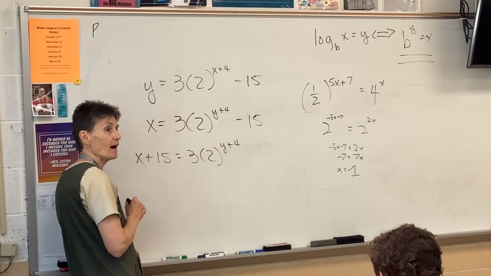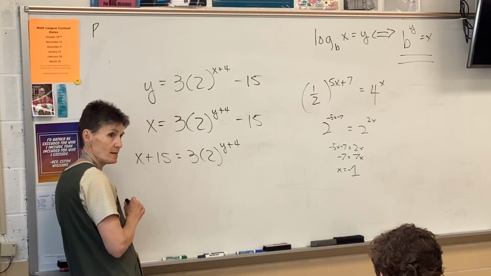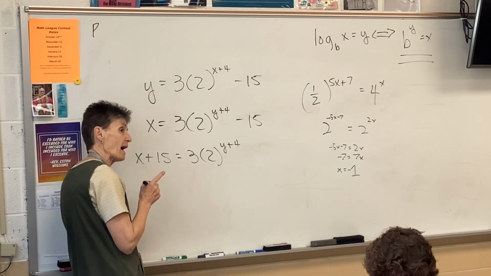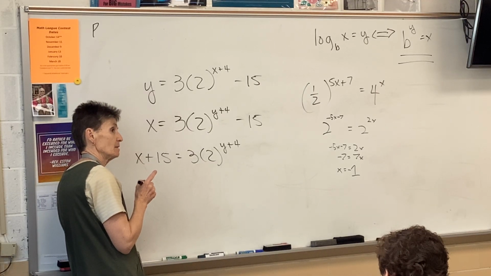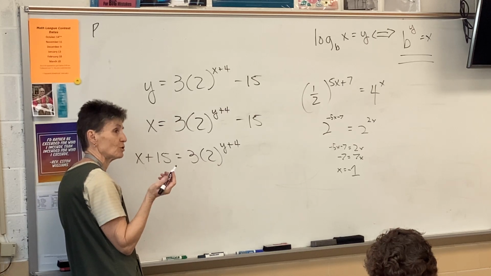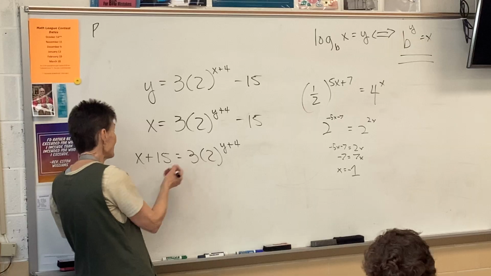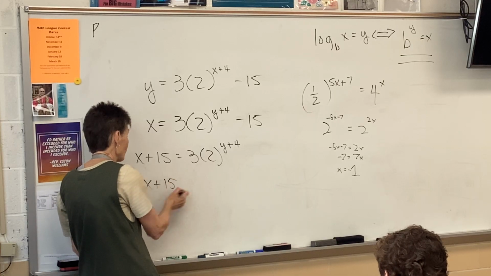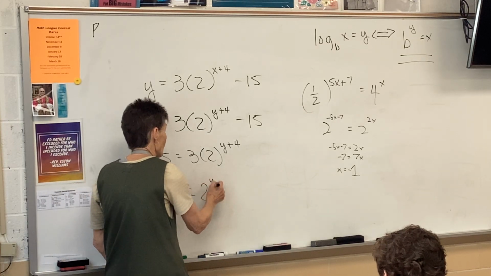And I'm going to divide by 3. Now, when you do that, I'm basically saying this because if you look at the answer key, I might have it written one of 2 ways. You might do that by just dividing by 3 and writing it this way.